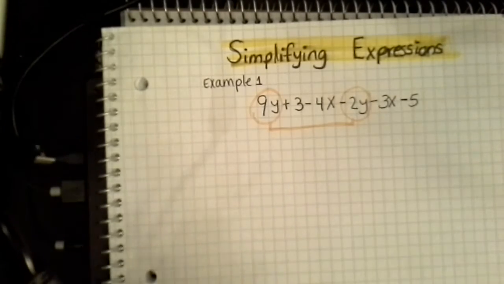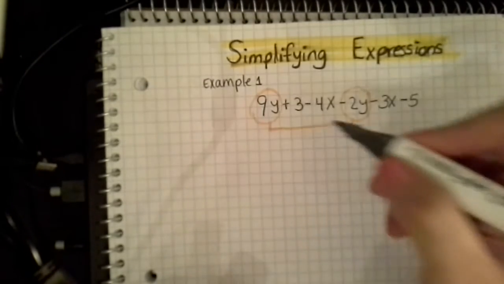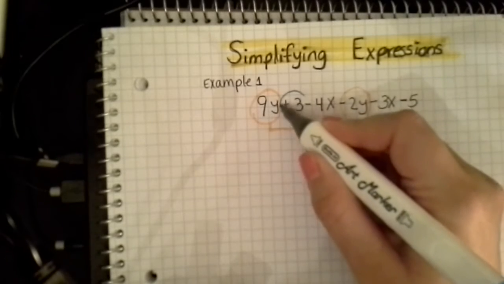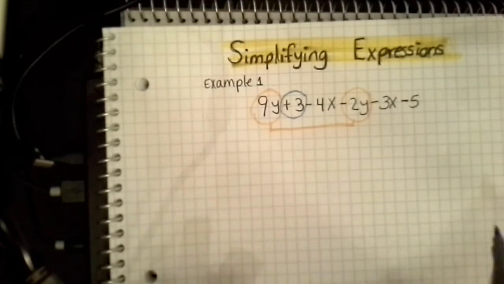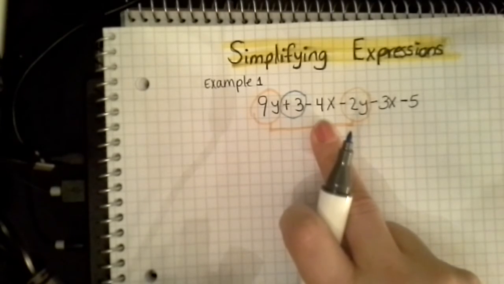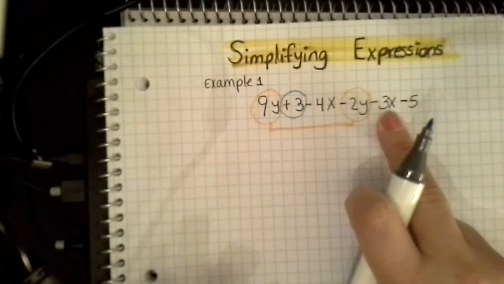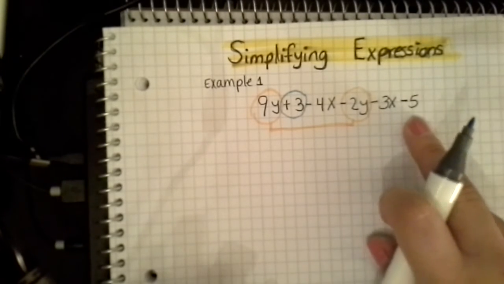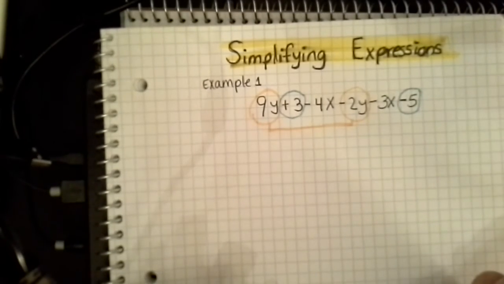I'm going to get another color and see if I can identify any other like terms. If I circle this positive 3, I want to find any other terms that do not have any variable. If I go across, that would not be a like term because it has an x. That also would not be a like term because it has an x. I need to find the number without a variable. So I see that negative 5 does not have a variable.